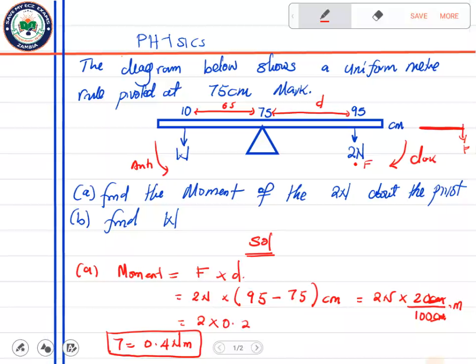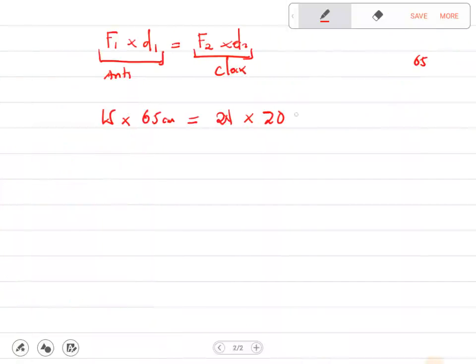Remember I said 20 centimeters, right? Like I said, this is an equation. Things have balanced. Even if you convert the distance into meters, the answer will come out the same, unless you are working with one direction, either anticlockwise or clockwise.